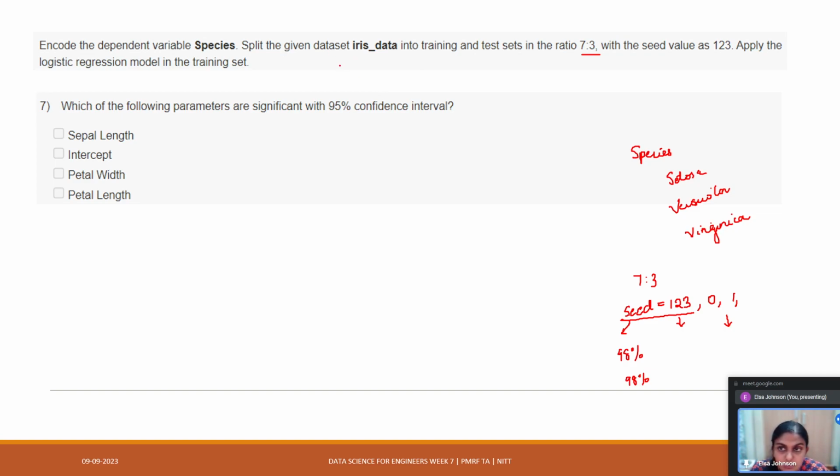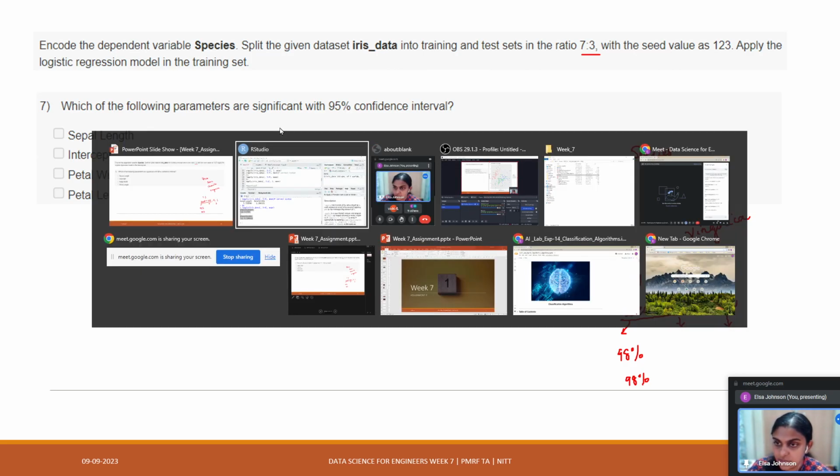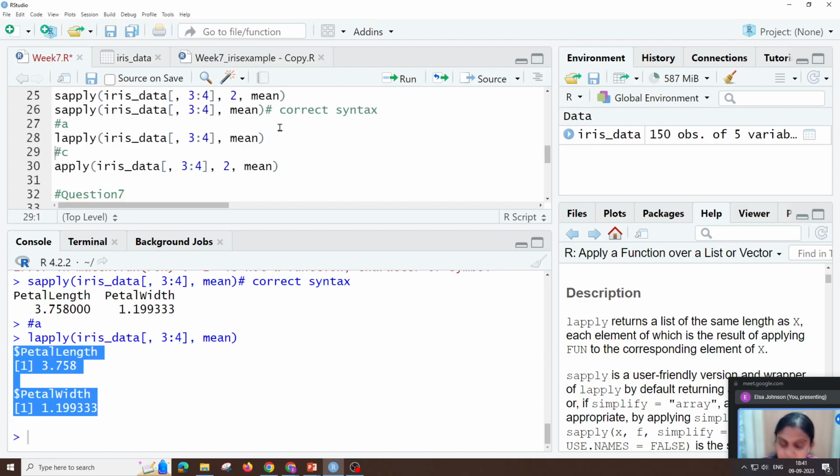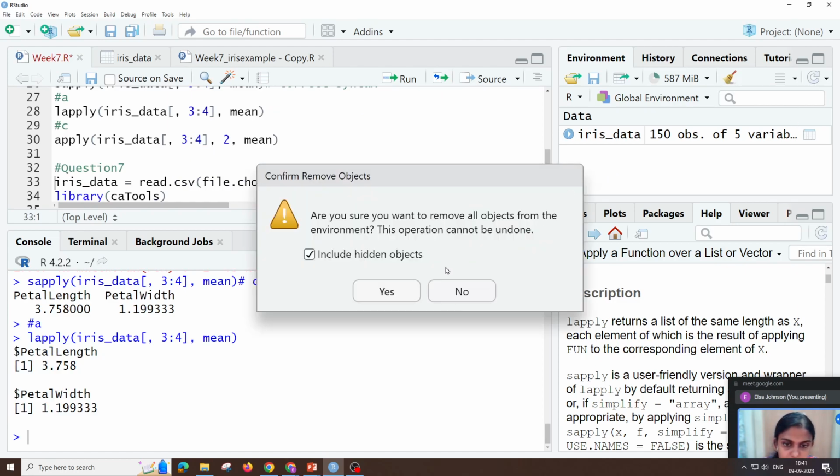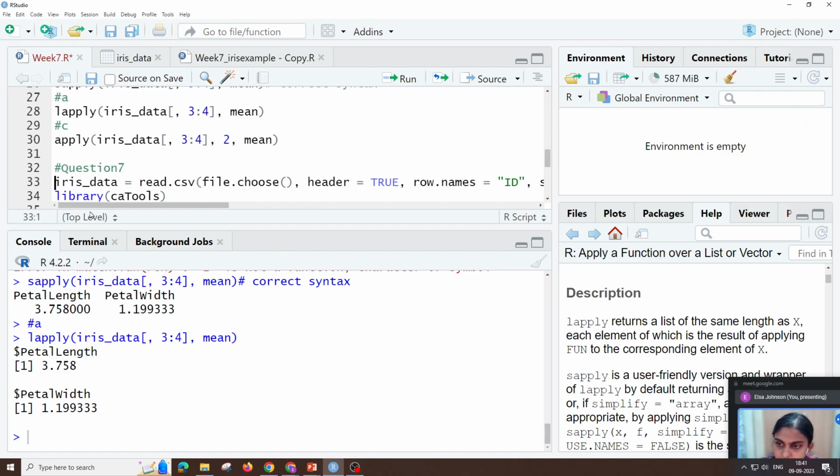First we have to encode, then split into training and test sets with the seed value 123, and after that we have to look at the different questions. First, this is the iris data. Once more I'll load it clearly. This time I have given file.choose.